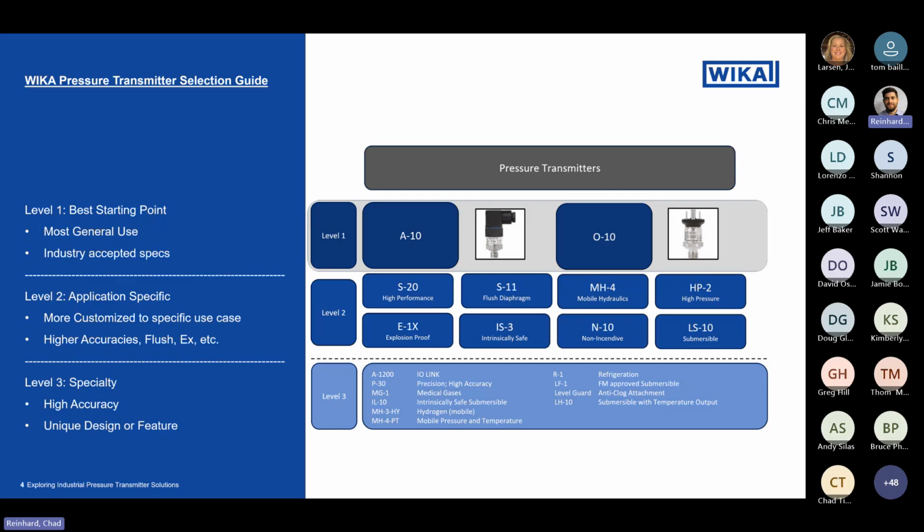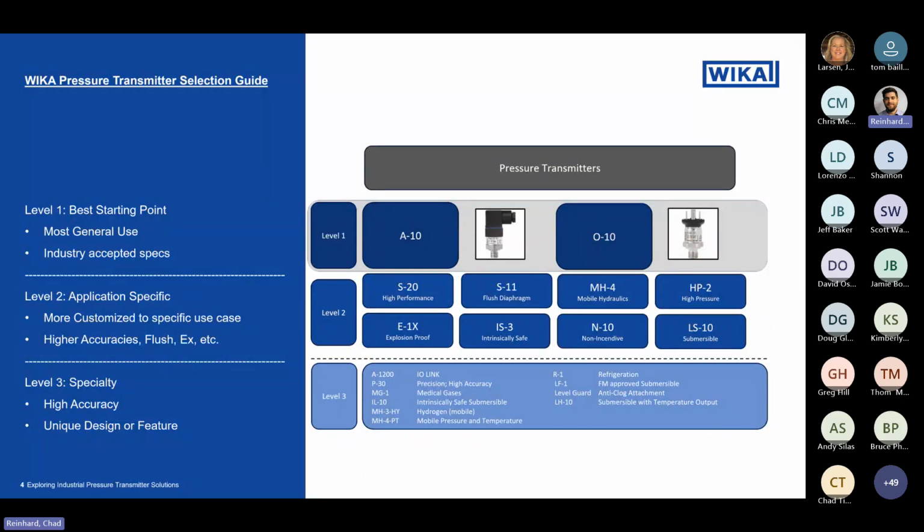The E10 is class 1 div 1 explosion proof. The IS3 is intrinsically safe, class 1 div 1, and the N10 is non-incendive, class 1 div 2. And then you hop into a portfolio of submersibles, and then taking one step down, you get into some of the ultra special stuff.